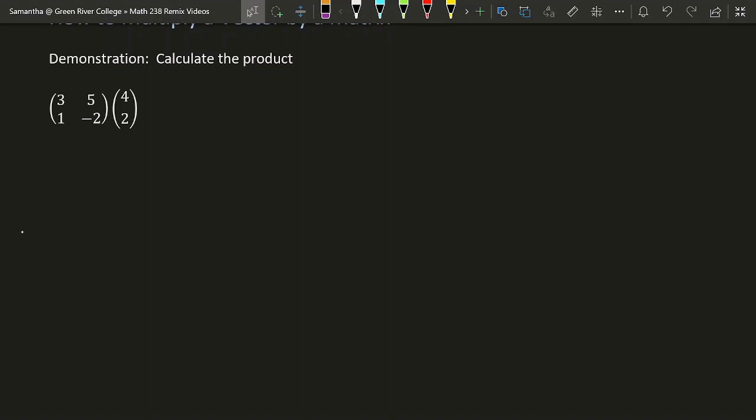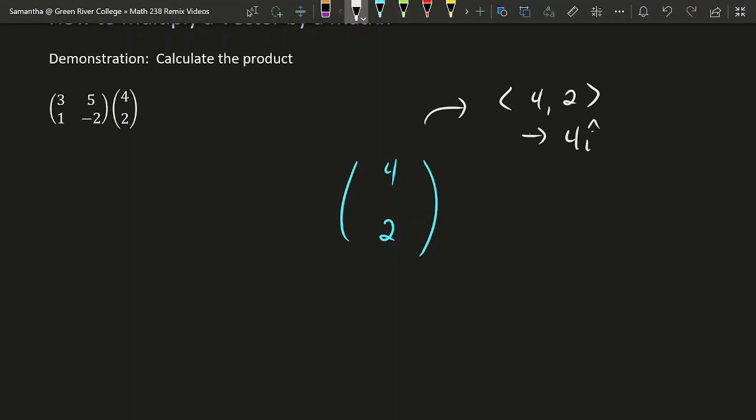For example, in this exercise, we have the vector with 4, the x component, written on top, and 2, the y component, written on bottom. So recall that this would be equivalent to what we call in calculus angle brackets 4, 2, and that would in turn be equivalent to what in physics is called 4i hat plus 2j hat, just alternate notation.